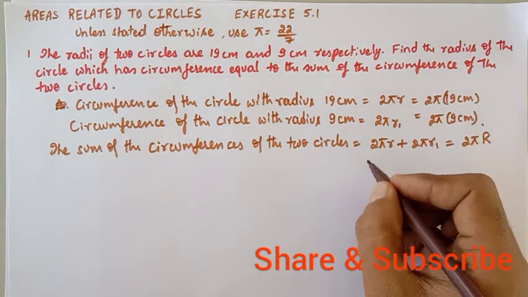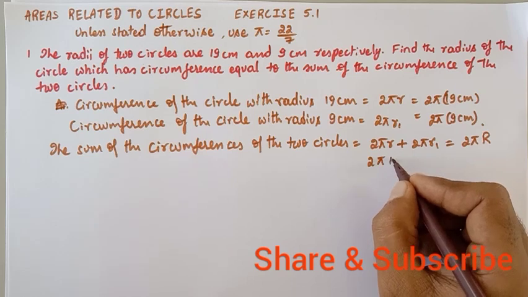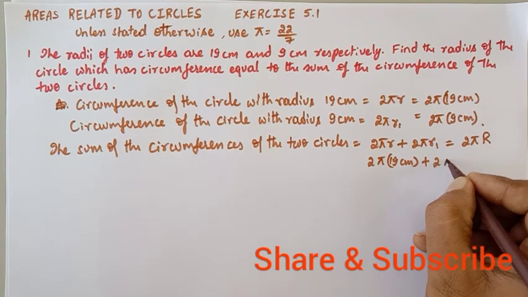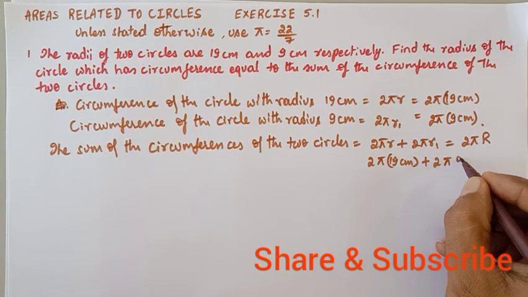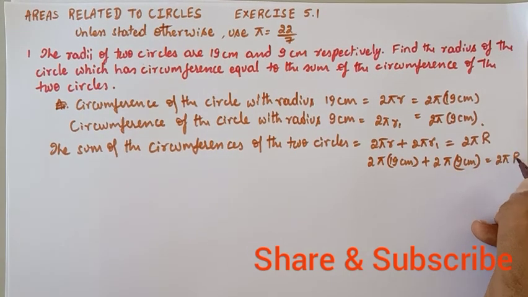So 2 pi into 19 centimeter plus 2 pi into 9 centimeter is equal to 2 pi capital R.